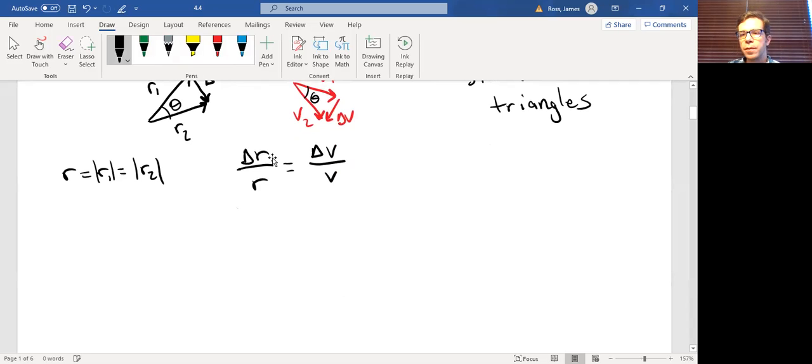Now, my goal here is to describe the magnitude of the acceleration. So, goal here is acceleration. In order to get to that, we know that the average acceleration is delta V over T. So I'm going to solve for delta V here.